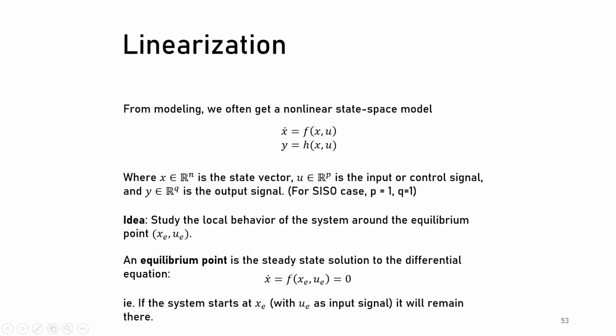So now let's see how we can linearize a nonlinear system. Given state equation x dot equal f of x and u, and the output equation y equal to a function of x and u.